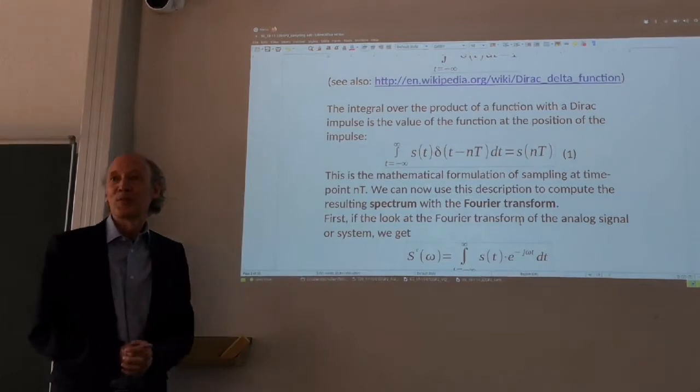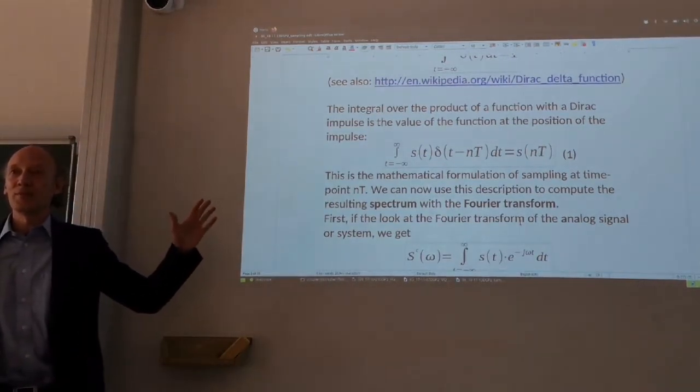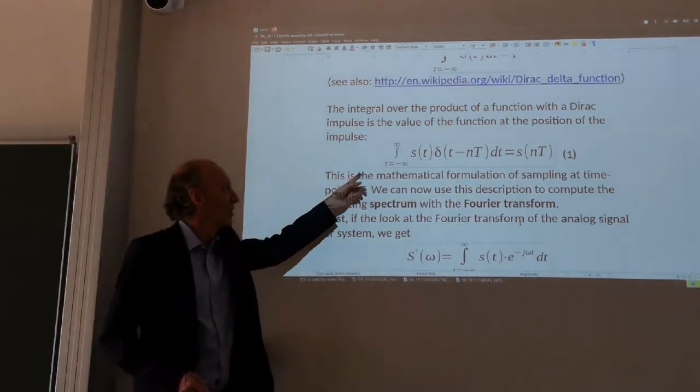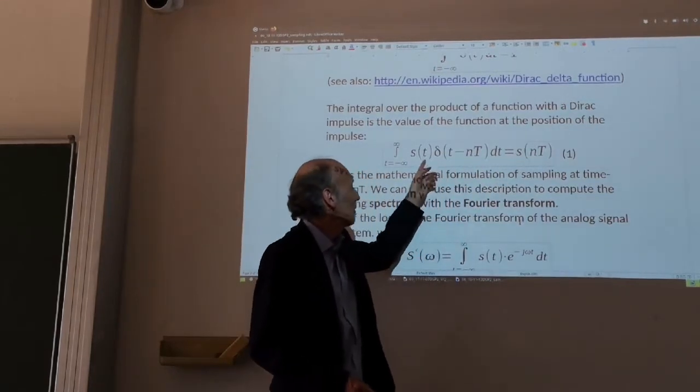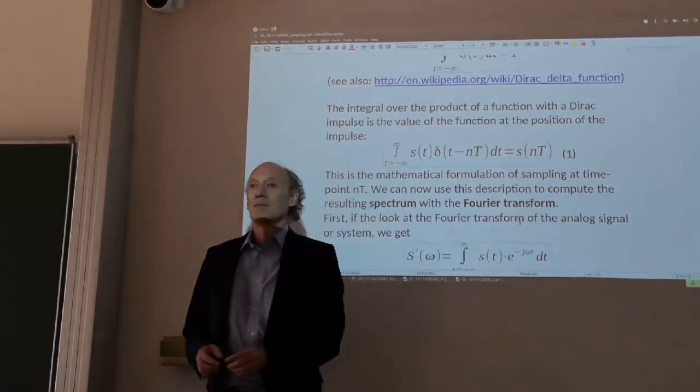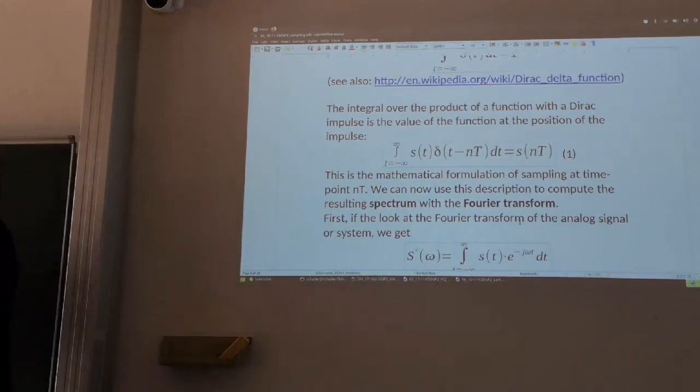Right? So in this way, we did our sampling. Which means here, this is our sampler. It sampled our signal at position nT. So mathematically, very easy to formulate sampling this way.